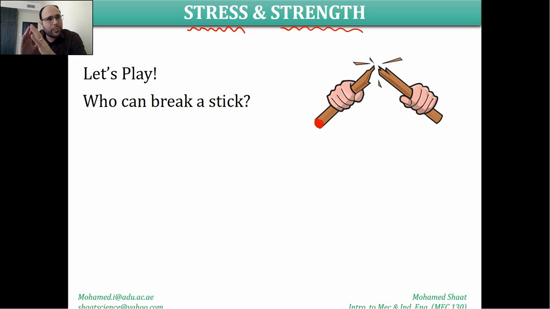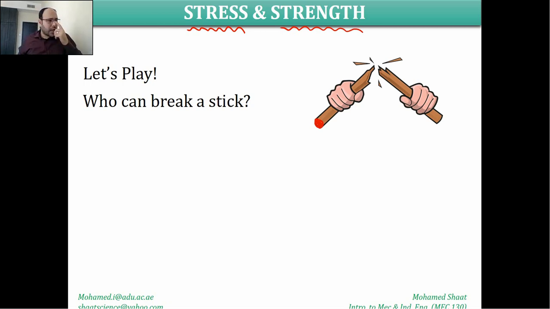You have a certain amount of stress that you can produce over this bar, and you will not be able to increase the stress anymore. Make sense? So the size, the diameter, this one was thin, this one was thick, right? The size is a big deal. It does affect whether we can break it or not.